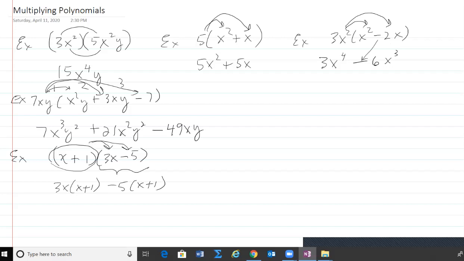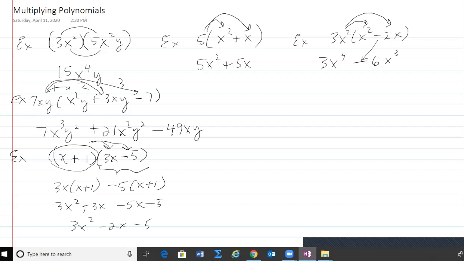Okay, well, that means we have a 3x squared plus a 3x and a minus 5x minus 5, which I could then actually simplify because I have a couple of like terms here. 3 minus 5. Now, this is a legitimate way to do the problem. And in some cases, it might be beneficial to look at a problem this way.